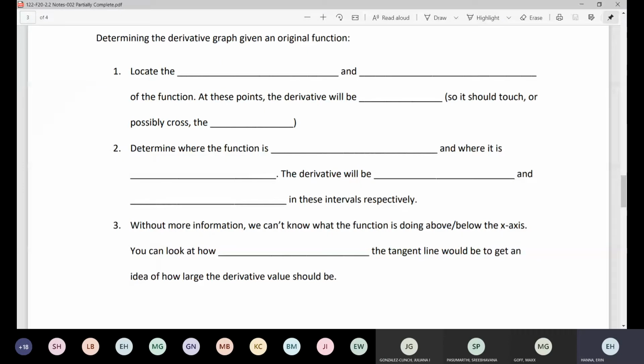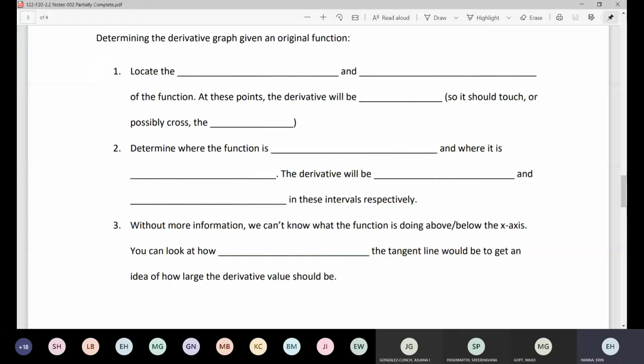And then we also might want to go backwards. If we're given the derivative graph, can we pick out the correct original graph? That's going to be using that relationship between the two: positive gives increasing, negative gives decreasing, and all that jazz.